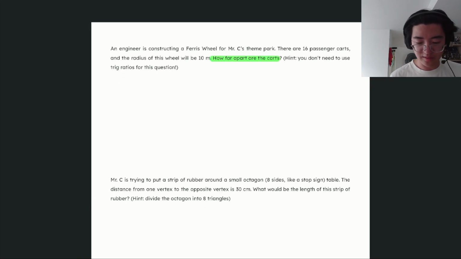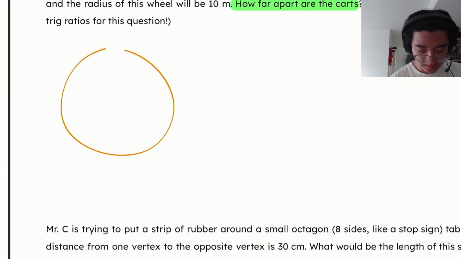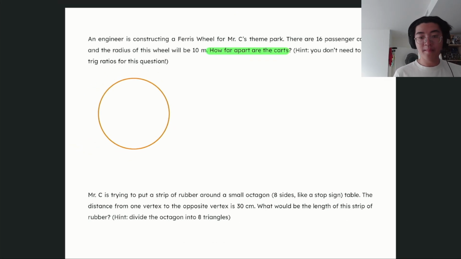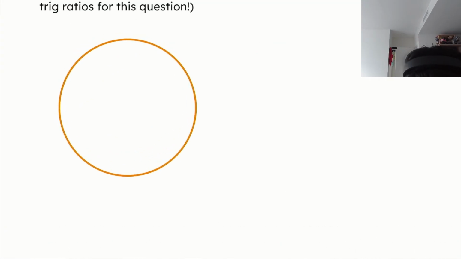So let's draw this Ferris wheel. It's got 16 passenger cars, which means that we can essentially split this circle into 16 parts.